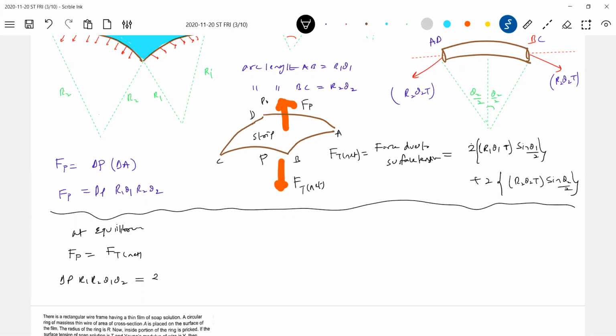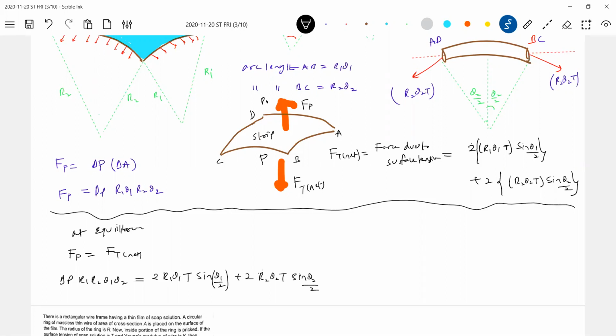2 R1 T sine theta 1. We'll write one expression. Theta will be very small.